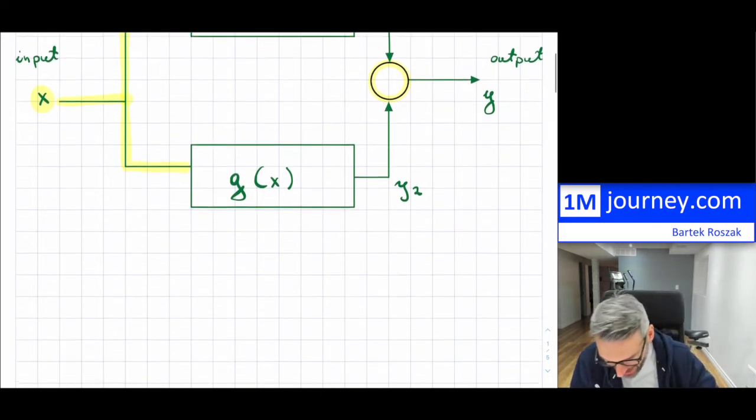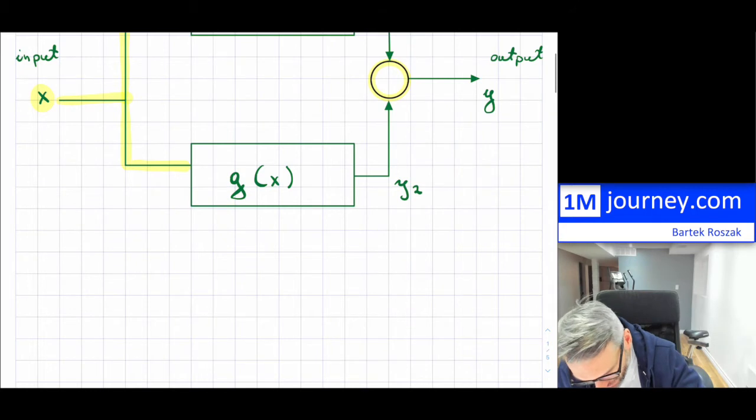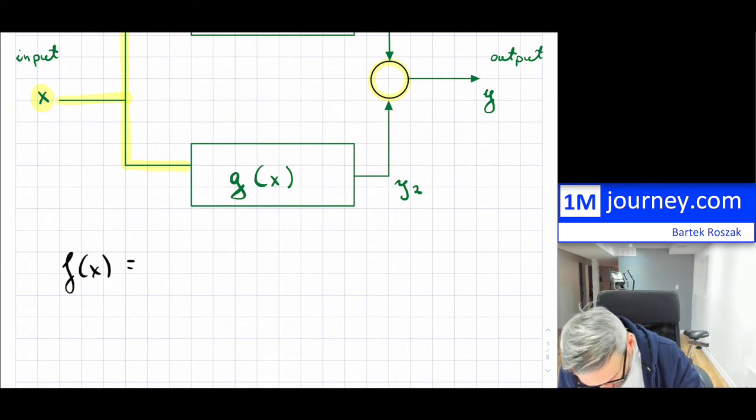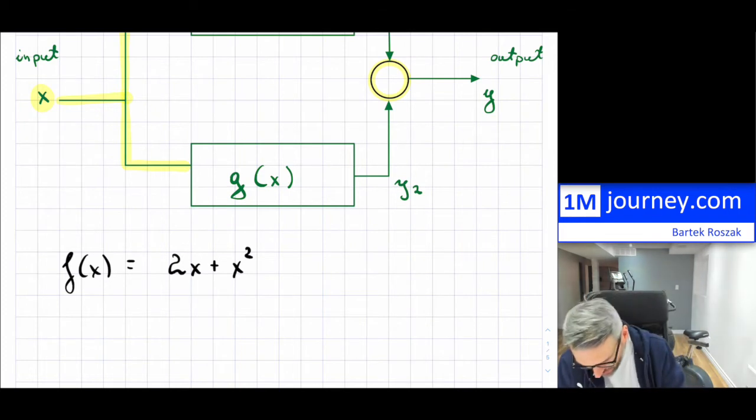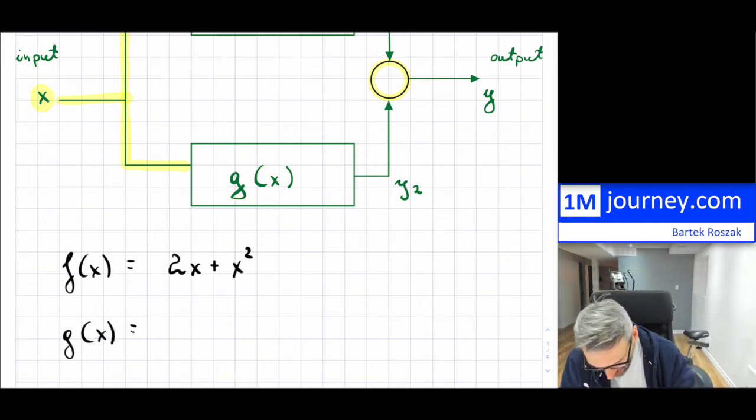So if I had, let's say, my f of x, which was 2x plus, I don't know, and this would have been maybe x squared, so this is some kind of a quadratic. And then my g of x would have been something, it could be even an exponential function.